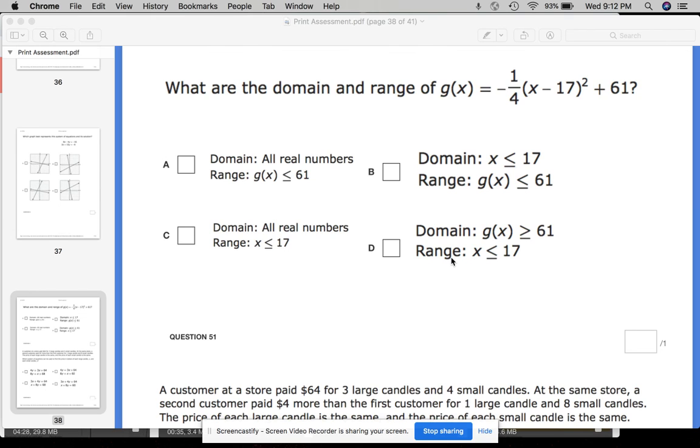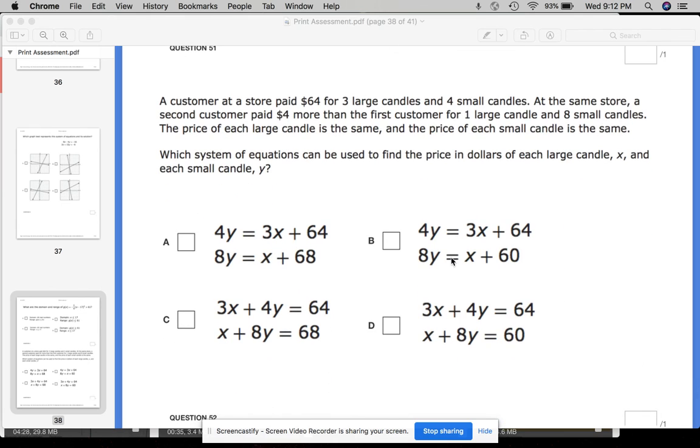Range, g of x less than or equal to 61. C. Domain, all real numbers. Range, x less than or equal to 17. D. Domain, g of x less than or equal to 61. Range, x less than or equal to 17.